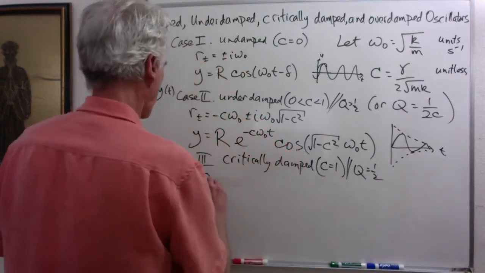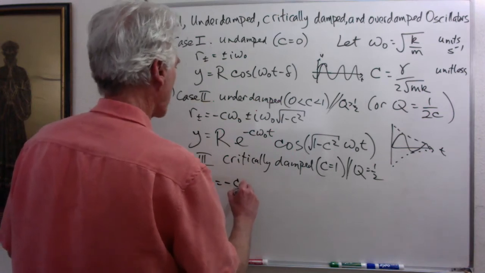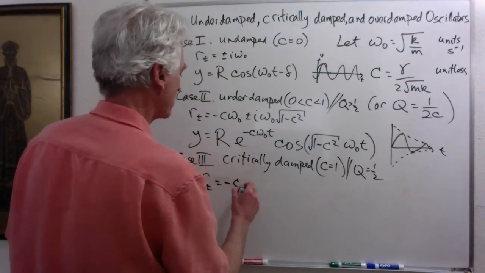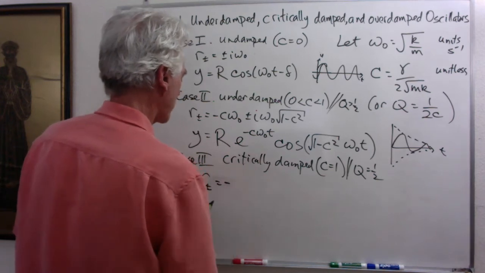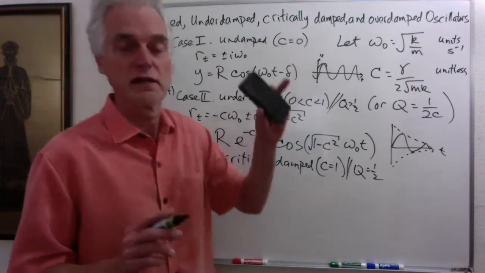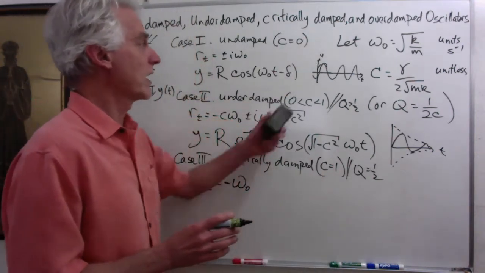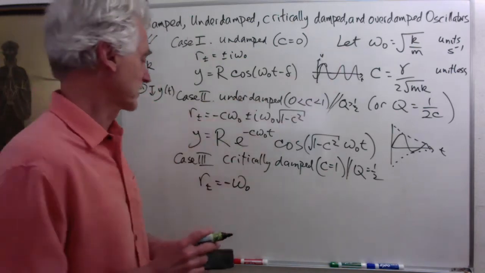The roots r plus or minus are minus c omega naught, but c is 1, so it's just minus omega naught. Actually, we saw that in the videos about the LRC circuit.